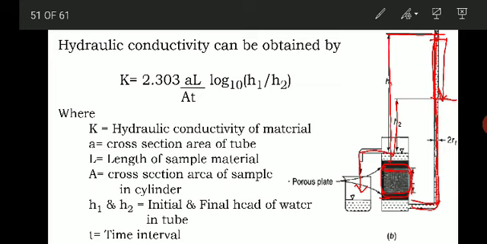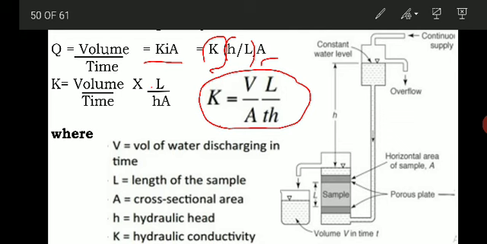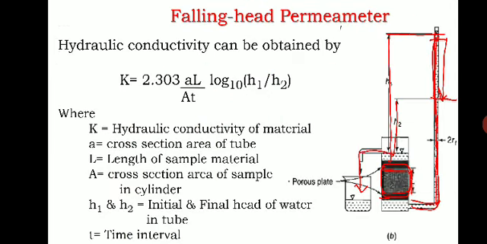So where K stands for the hydraulic conductivity of the material. Then what is that small a? Small a is the cross section area of the tube. So this is the cross section area of the tube, that is called as the small a, and L is the length of the sample material. Then capital A is what?